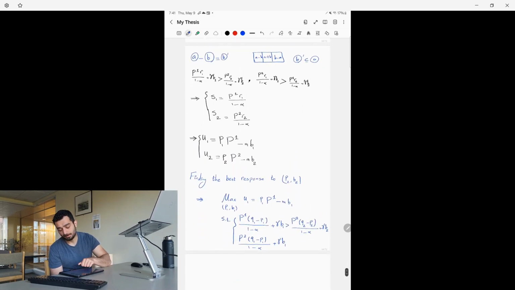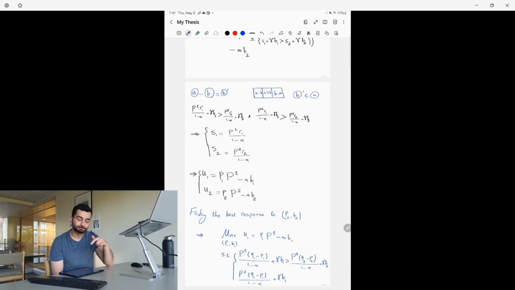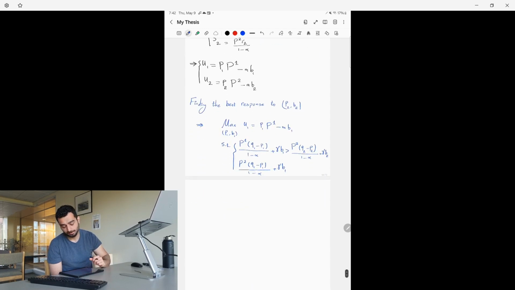It's obvious, by the way, like P1 R1 minus alpha gamma P1. When the right inequality is true, the right hand side of the left inequality is greater than the right hand side of the right inequality.